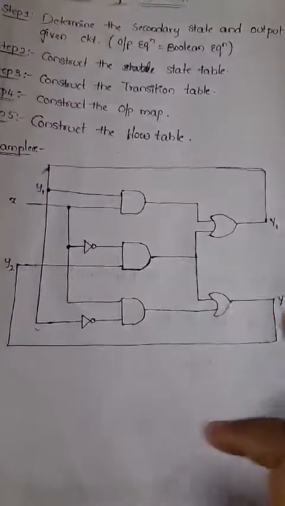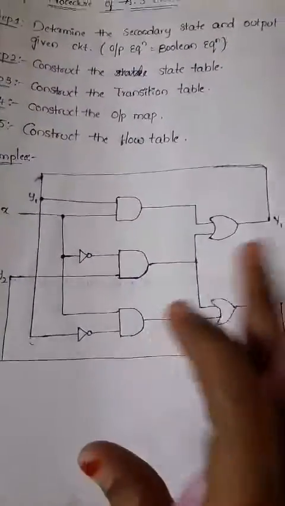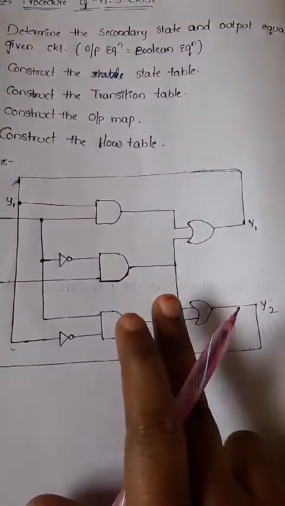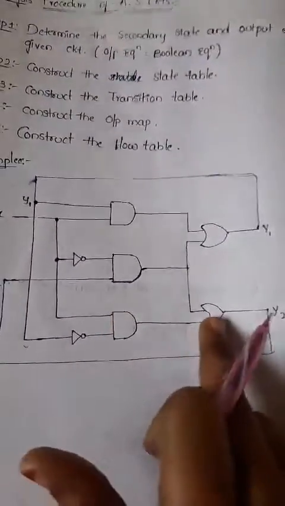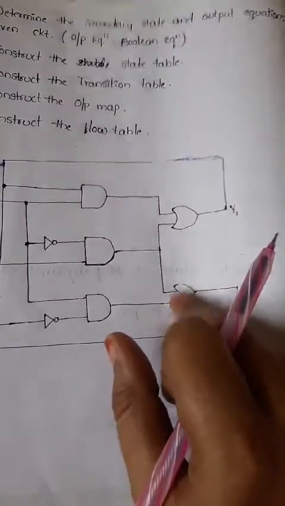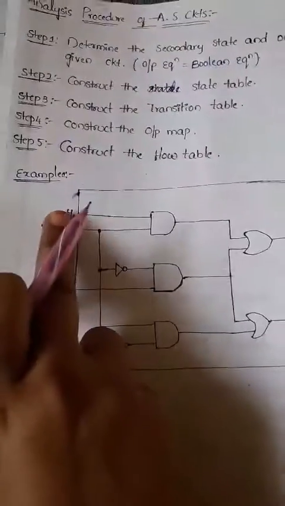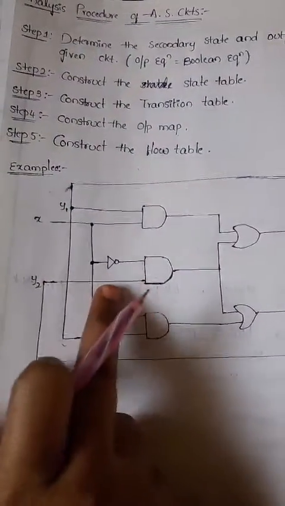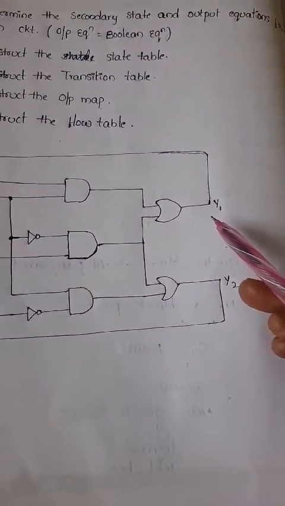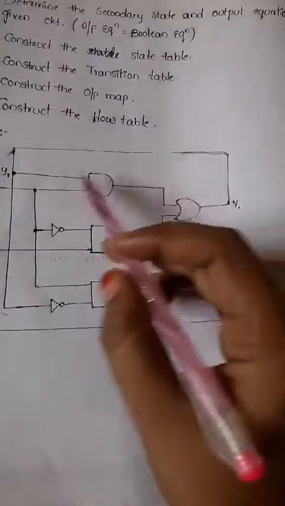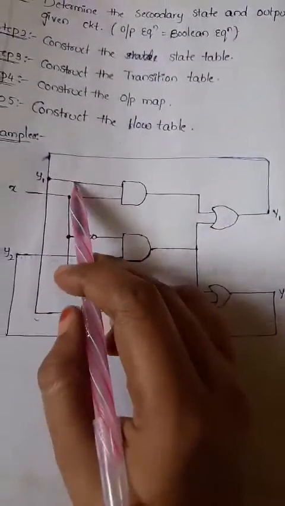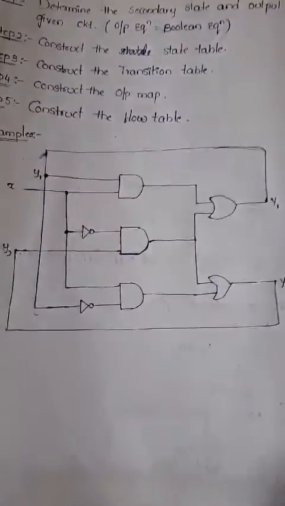That's why this logic circuit has two feedback loops from the OR gate, and these outputs go back to the inputs of the AND gates. Just observe here, the OR gate outputs go back to the inputs of the first and second AND gates.